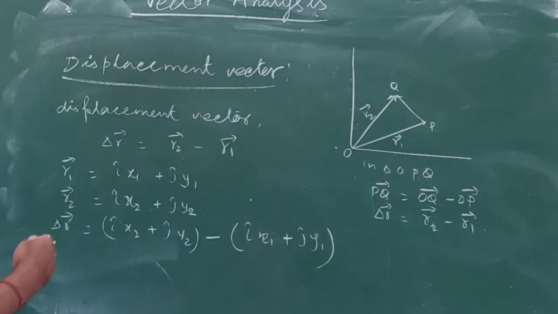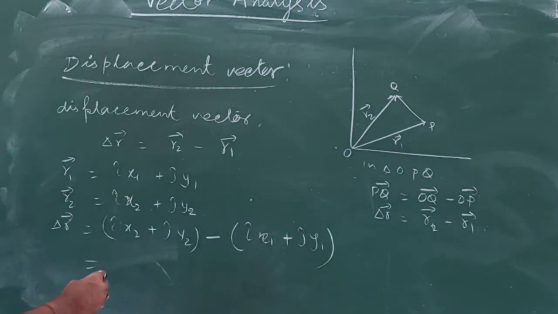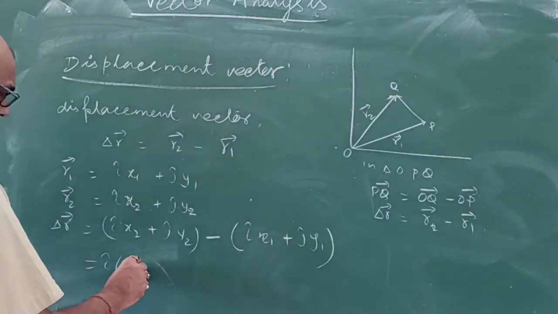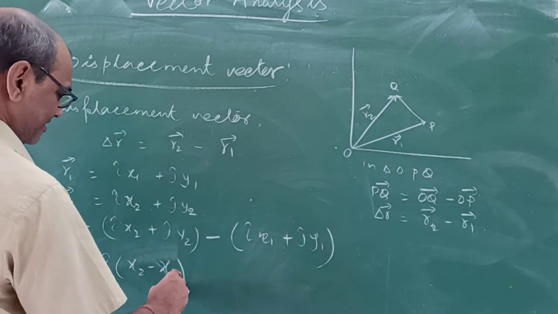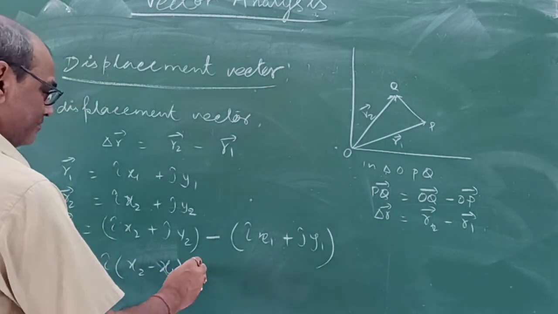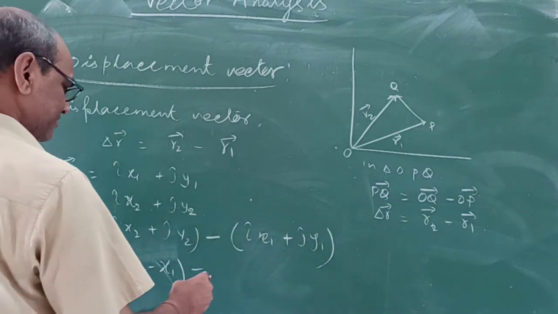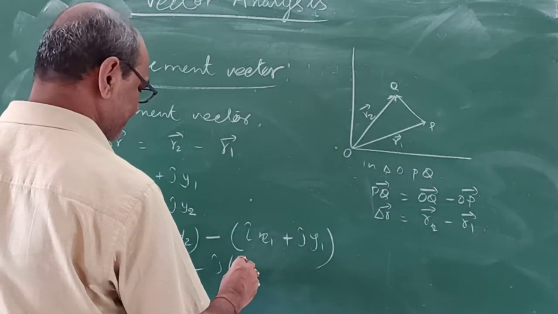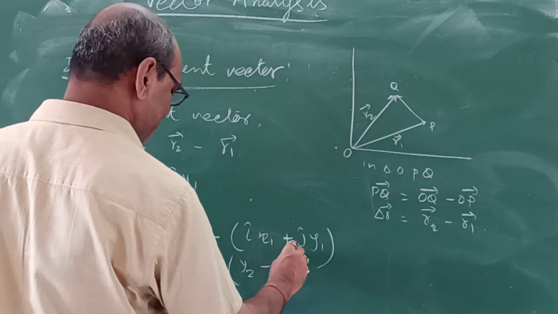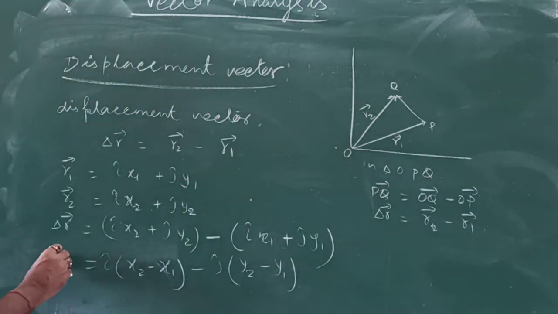Now apply the minus sign: I is taken common, x2 minus x1, plus j taken common, y2 minus y1. That is the displacement vector in a small interval of time.